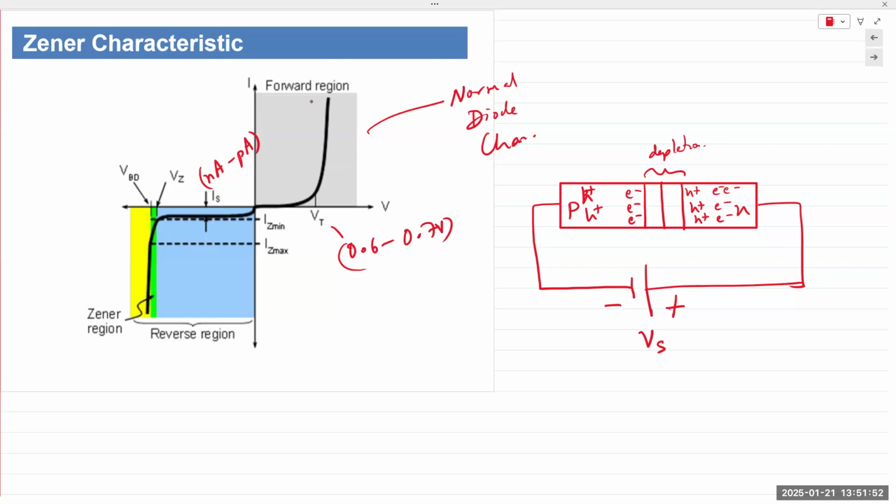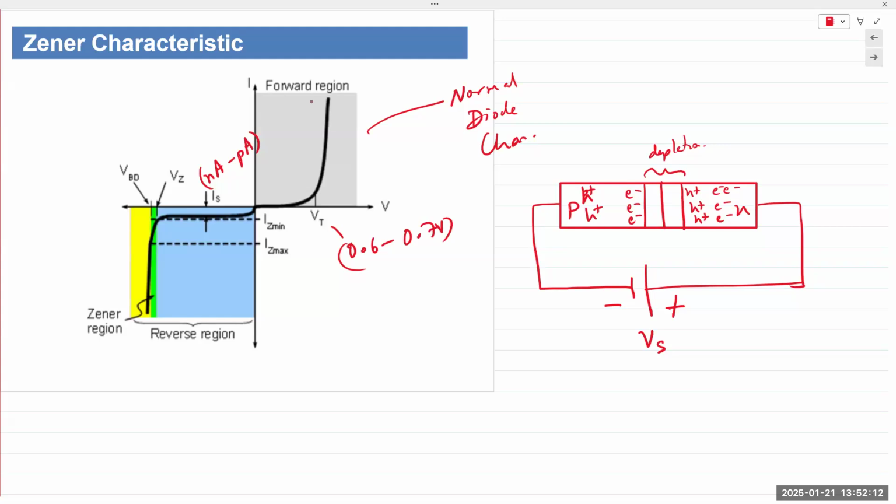The Zener breakdown occurs because of heavily doped P and N-type materials. So if there's an excess of charge carriers in the P and N-type material, they acquire sufficient energy that they're able to cross over the depletion region in the reverse bias. So that is Zener breakdown.